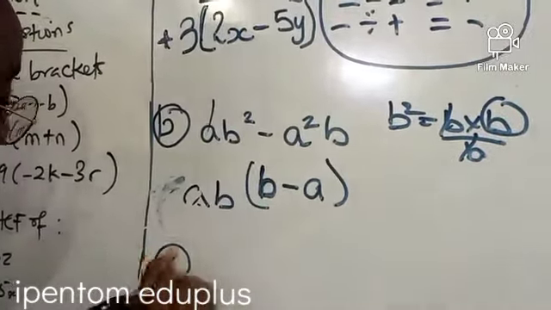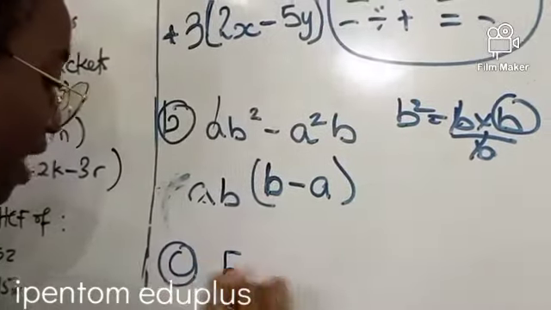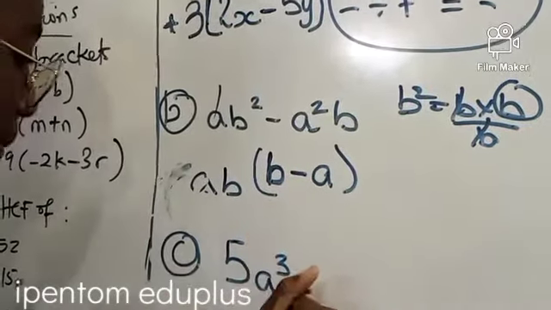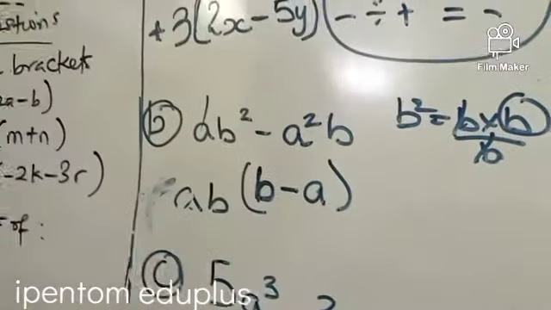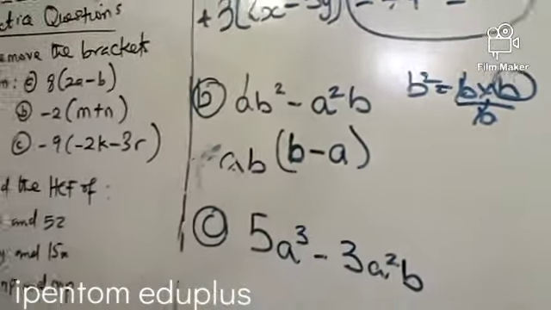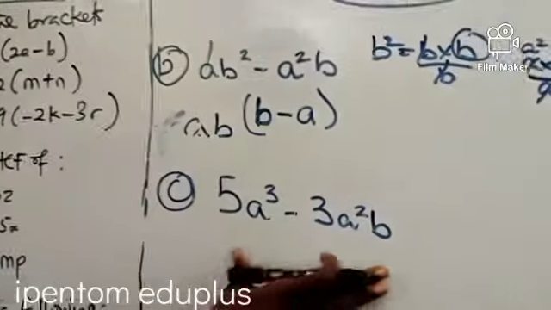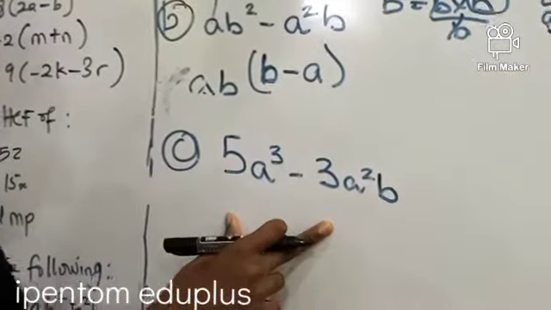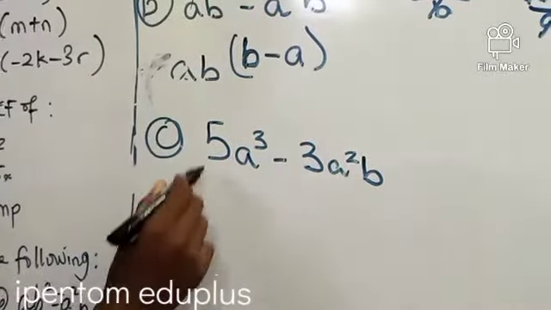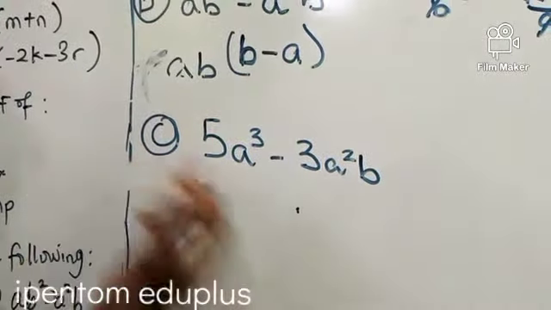So lastly, option C, that is 5a cubed minus 3a squared b. So here you look for what is common, and no number here is common. 3 cannot go in 5 and 5 cannot go in 3.